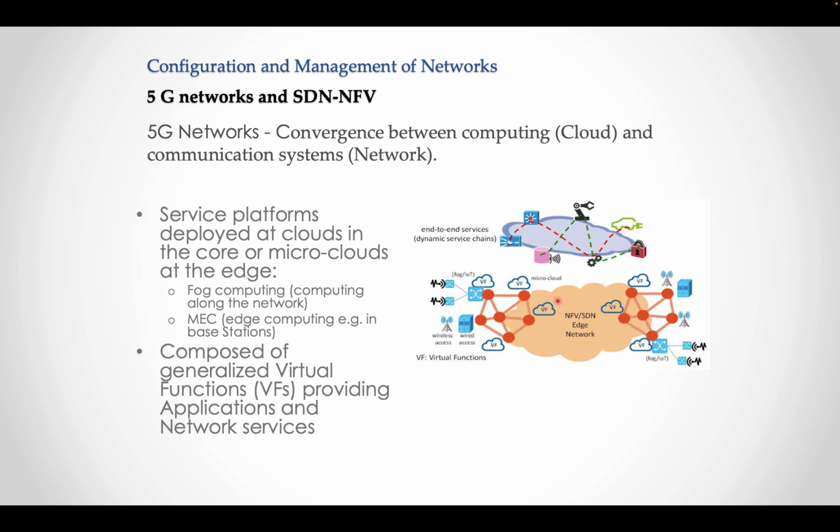What happened in cloud computing was that we started having hardware being separated from the computing that uses it. Okay, so we virtualized computers using containers and virtual machines, right? Now in the networks, we are following the same path.